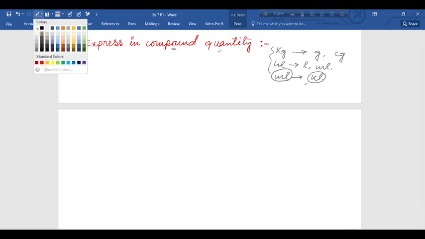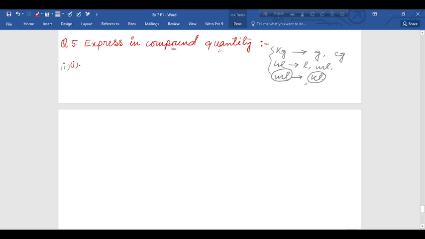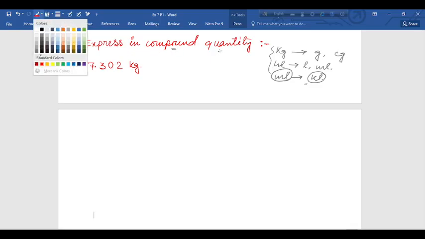The first question of 5.1 says 7.302 kg, and we have to express this in compound quantity.